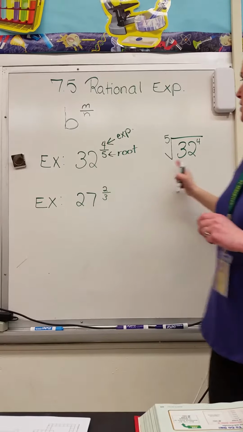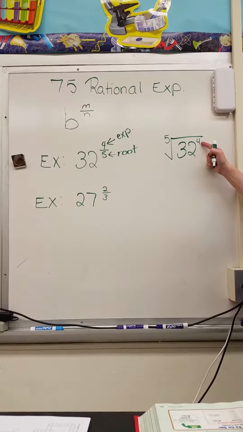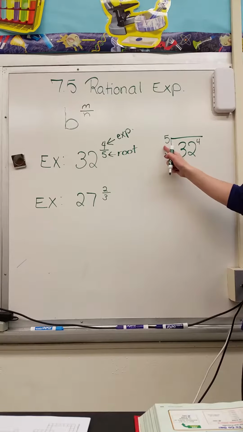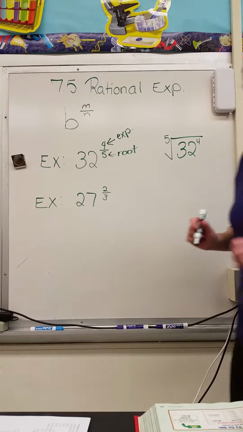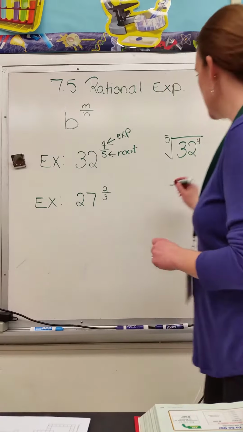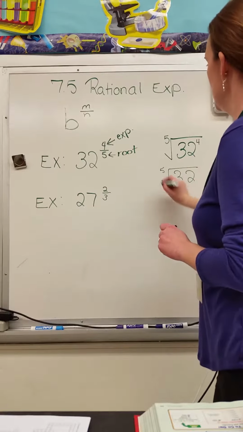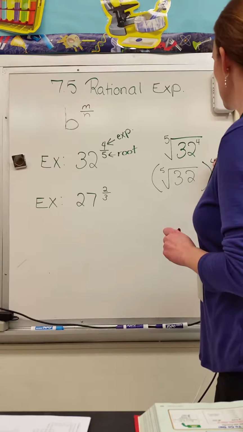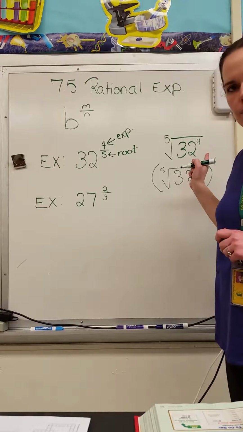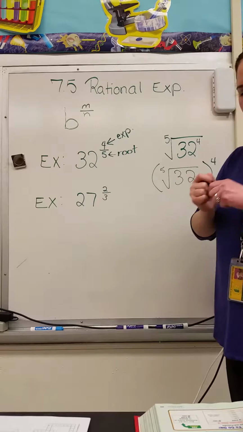So you could say 32 to the 4th power, get that answer, and then take the 5th root. What is usually easier is to take the 5th root of 32 and then take that answer to the 4th power.